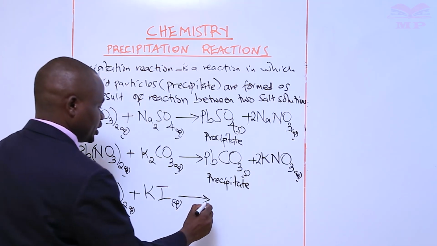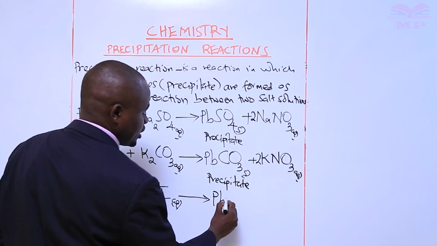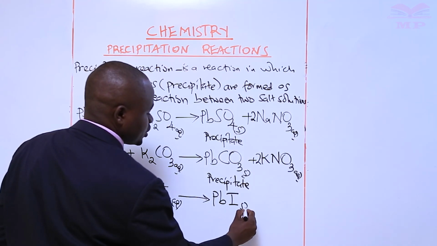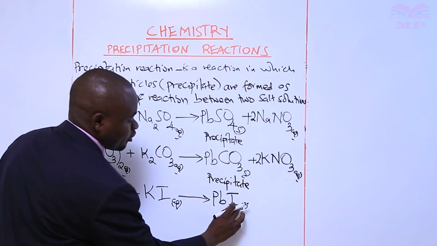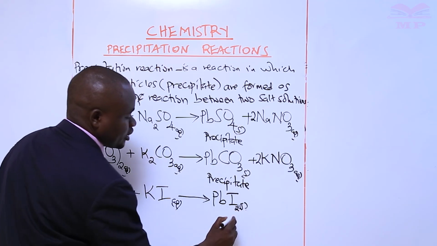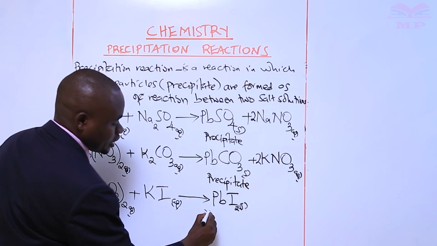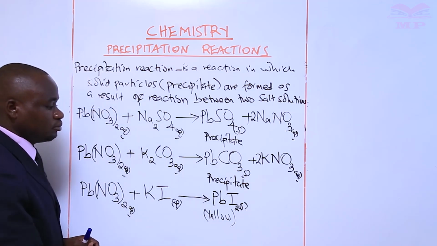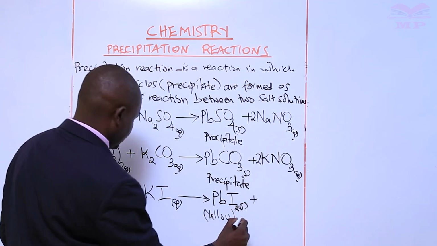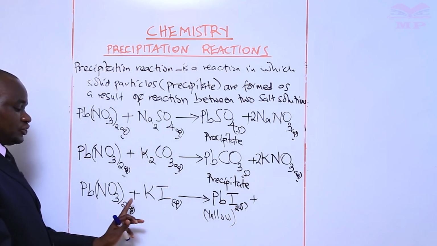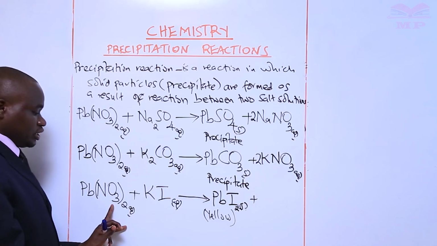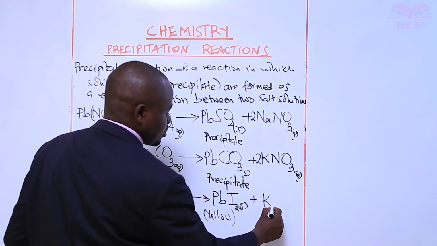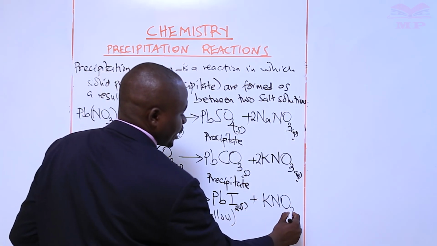Then we shall get lead iodide, which is a solid. Don't forget there is a 2 here. This solid is yellow in color. It's good we know the color. Plus the other product is, remember they are exchanging their ions, potassium nitrate.